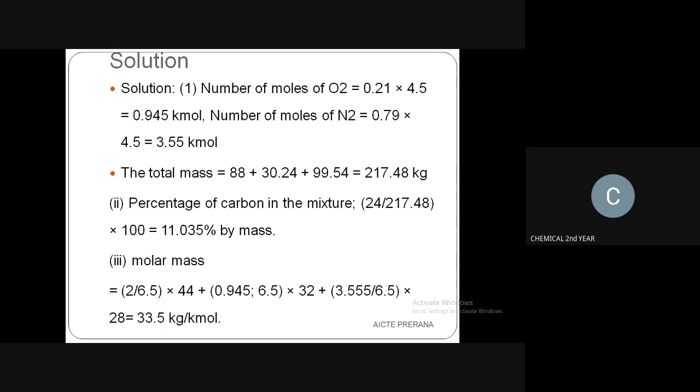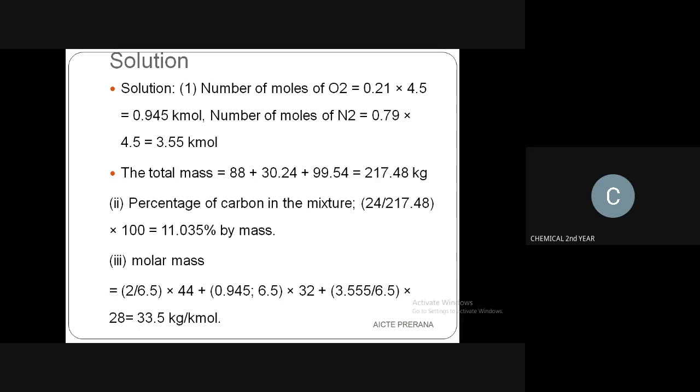Okay, this is the molar mass. For carbon dioxide, you are going to write it as 2 divided by 6.5 into 44, plus 0.945 for oxygen divided by 6.5 into 32, the oxygen molecular weight, plus the moles of nitrogen, 3.55 divided by 6.5 into 28. 28 is the molecular weight of nitrogen.